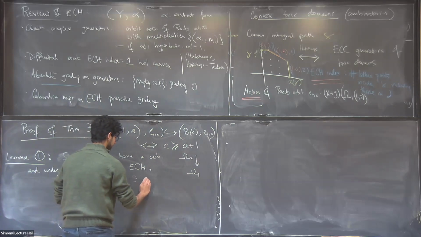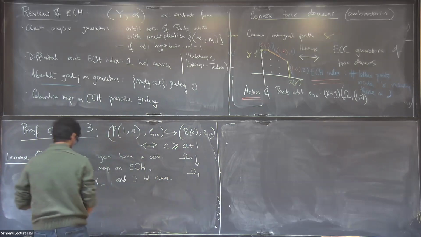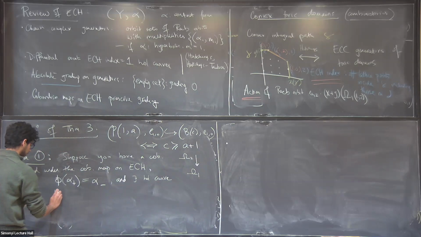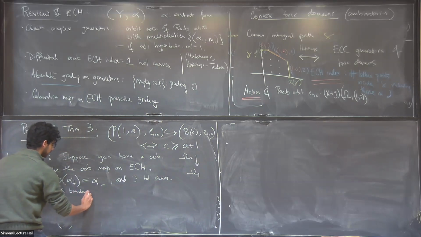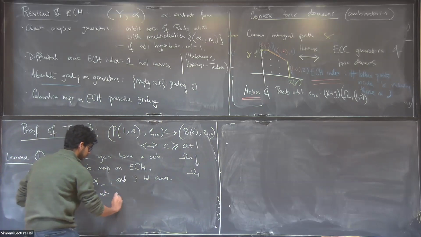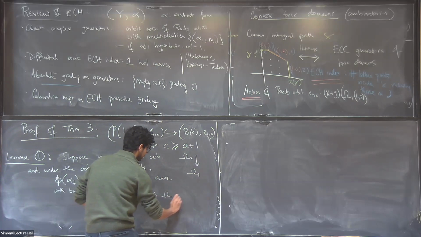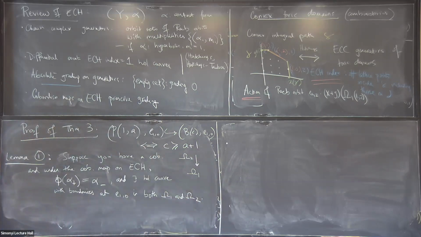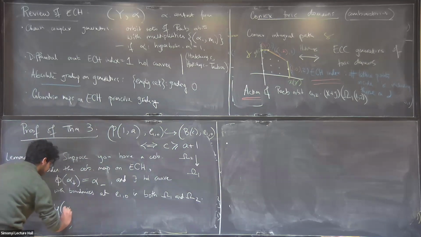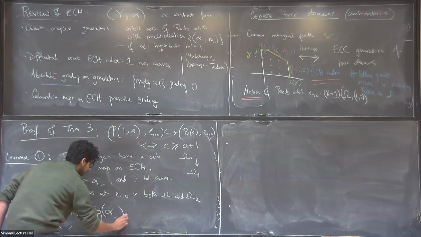And there exists a holomorphic curve with boundaries at E10 in both omega 1 and omega 2. Then we must have that y of alpha plus is bigger than or equal to y of alpha minus.